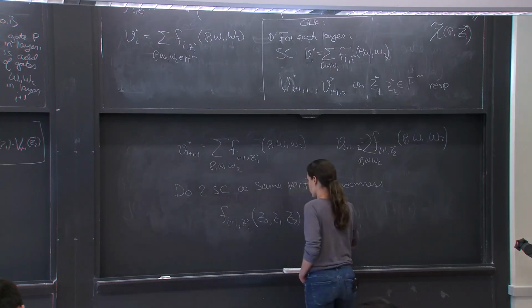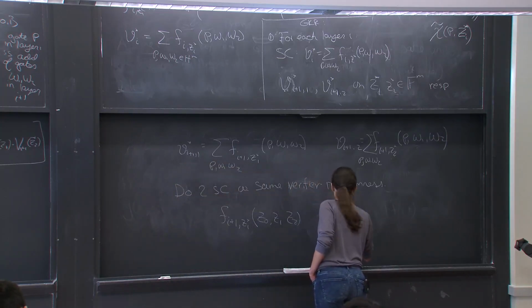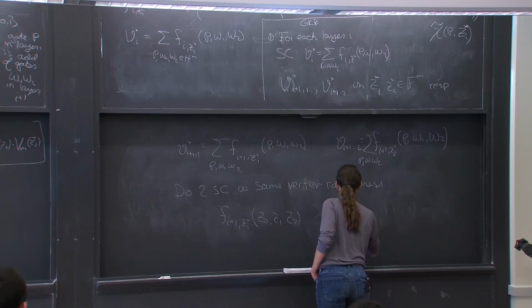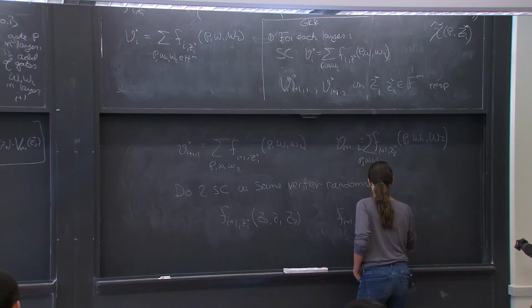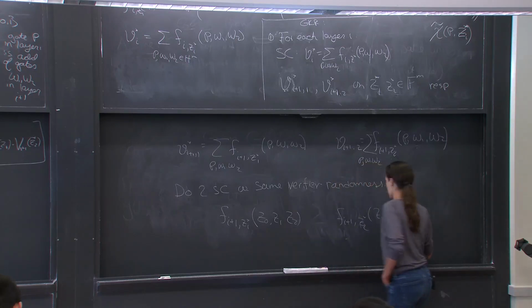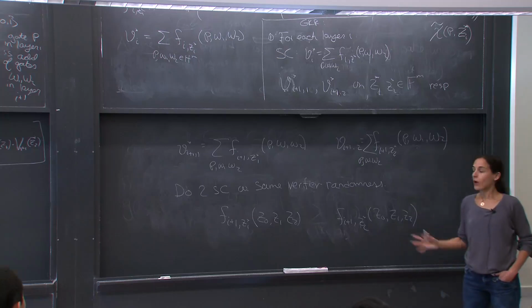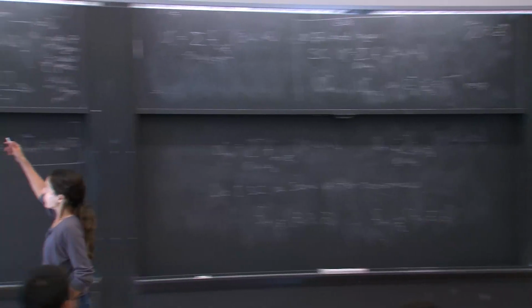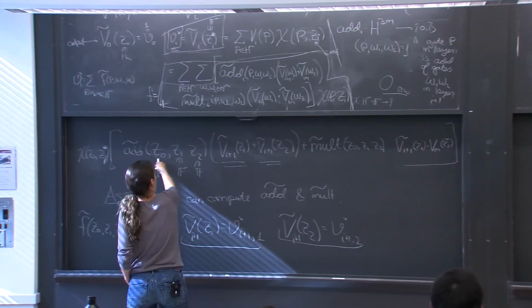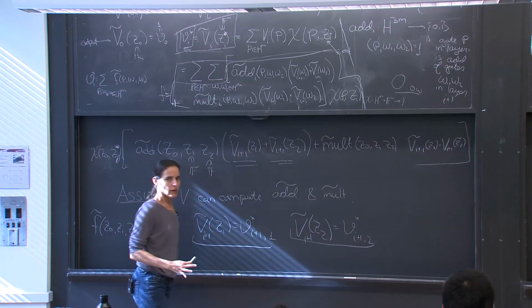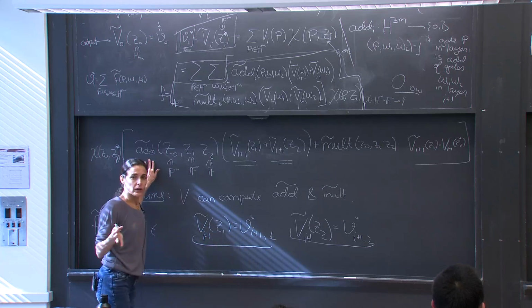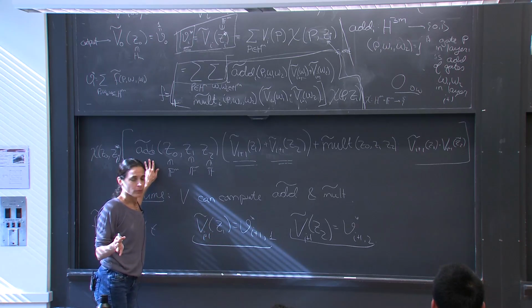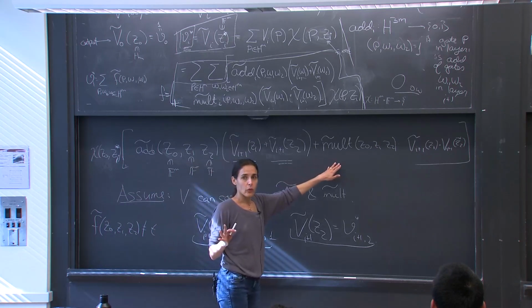And also he needs to check Fi plus 1 Z2 star on Z0, Z1, Z2. How does he check them? What is this F? Let's go back. This is the F, right? It's like the add, the mult, all this. So we said, look, add tilde, don't worry, he can do on his own. Mult tilde he can do on his own.